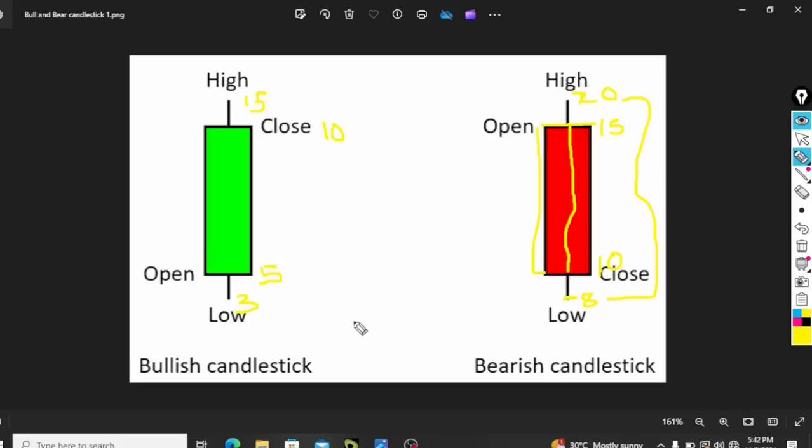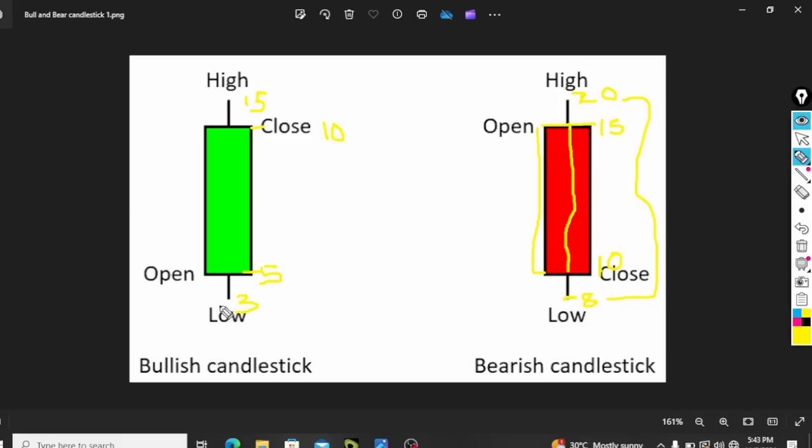The same thing goes if you were to consider the bullish candle, the same explanation. From the open to close is the body of the candle. From $5 to $10 is the body of the candle, while from the low to high is what we call the range of the candle.